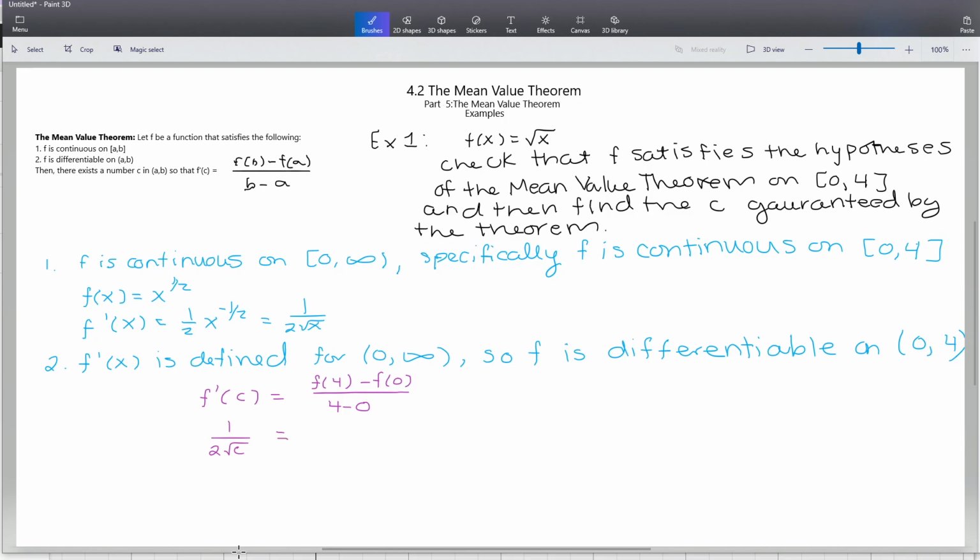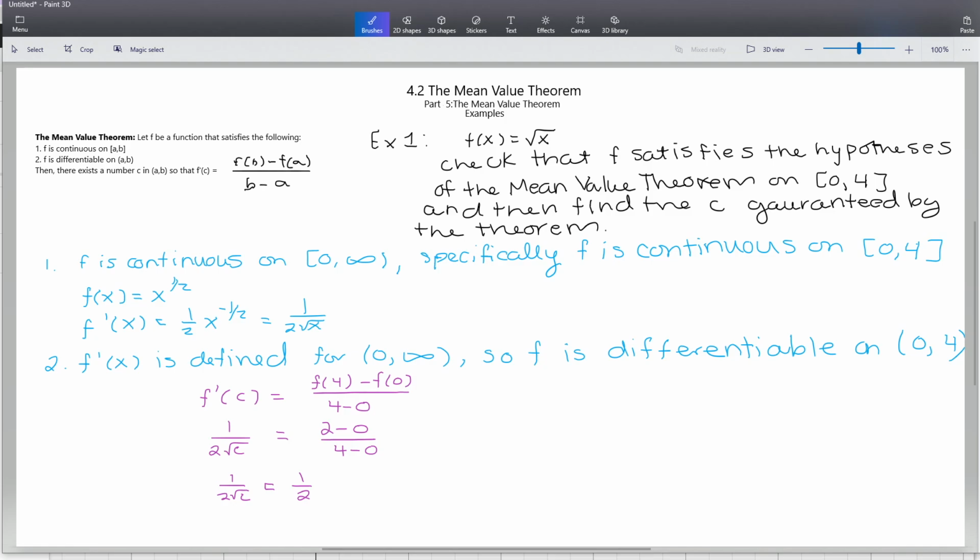And then f of 4 is going to be 2, and f of 0 is 0, of course, because f of x is square root of x. So I have 1 over 2 square root c equals 1/2.